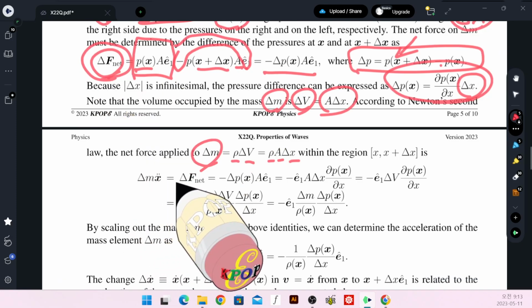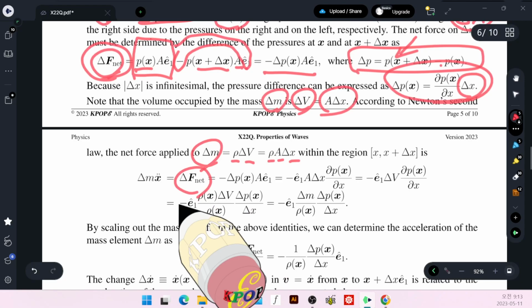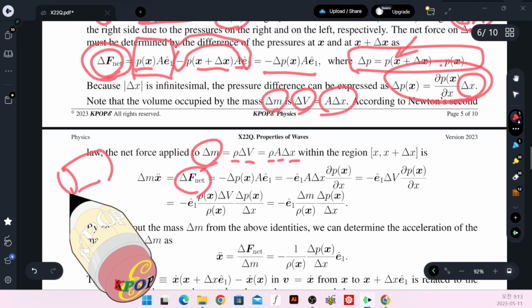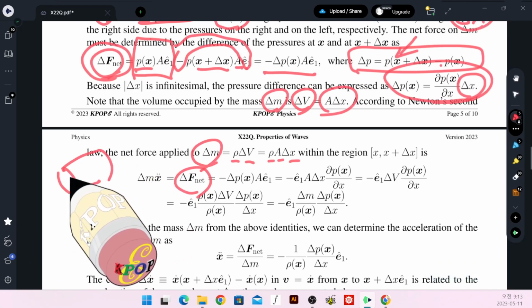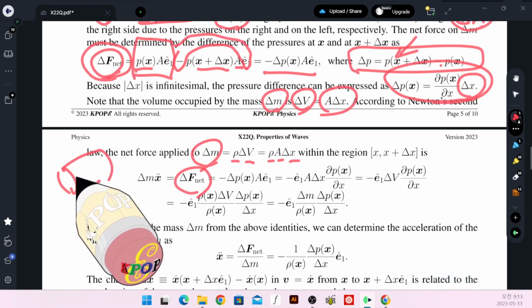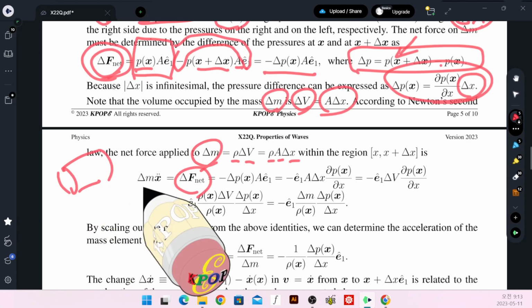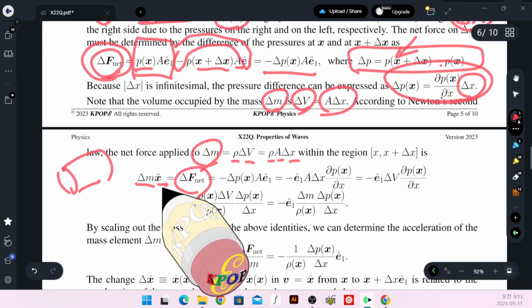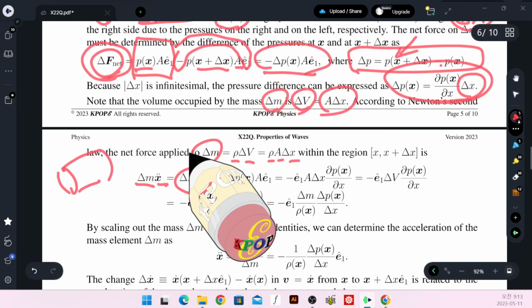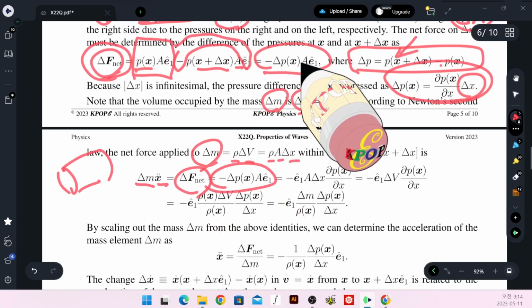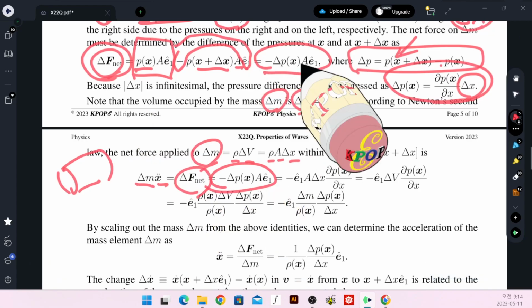Newton's second law states that the net force applied to a system of particles is the total mass multiplied by the acceleration. Previously, we have obtained that the net force can be computed by the difference of the pressure on the left and right.